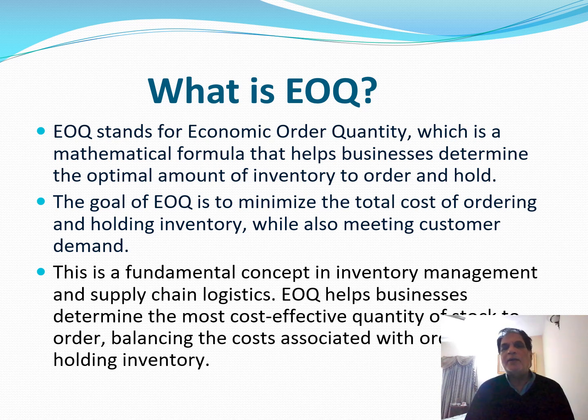This is a fundamental concept in inventory management and supply chain logistics. EOQ helps businesses to determine the most cost-effective quantity they have to order, which balances the cost associated with order placing and holding the inventory.